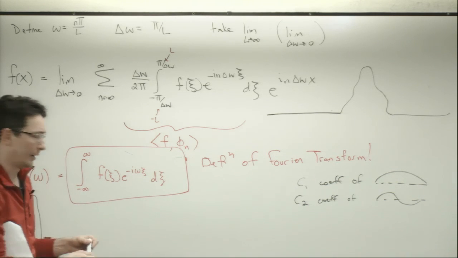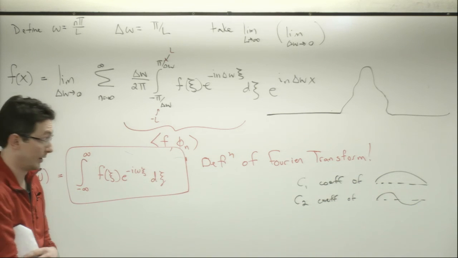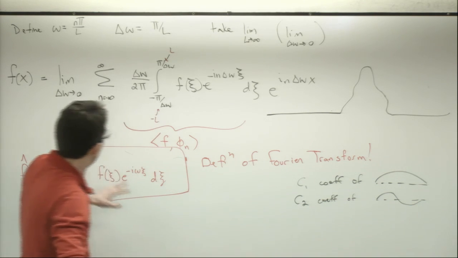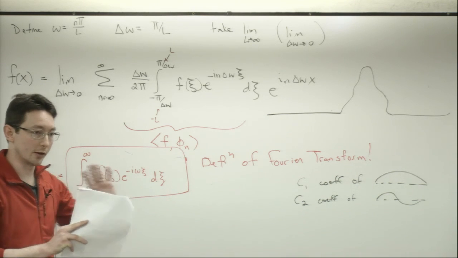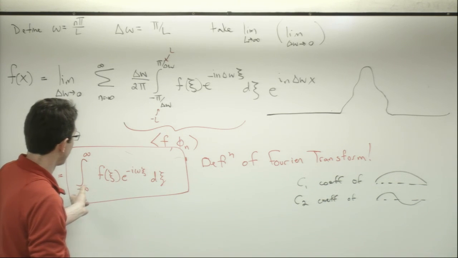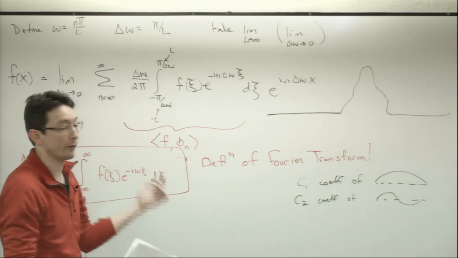It's a little weird. Okay, this is going to take some time to digest. I don't expect this to be super obvious at the beginning. But what I'm getting at is that this Fourier transform, which almost all of you have seen before, just maybe defined differently, is the generalization of a Fourier series.